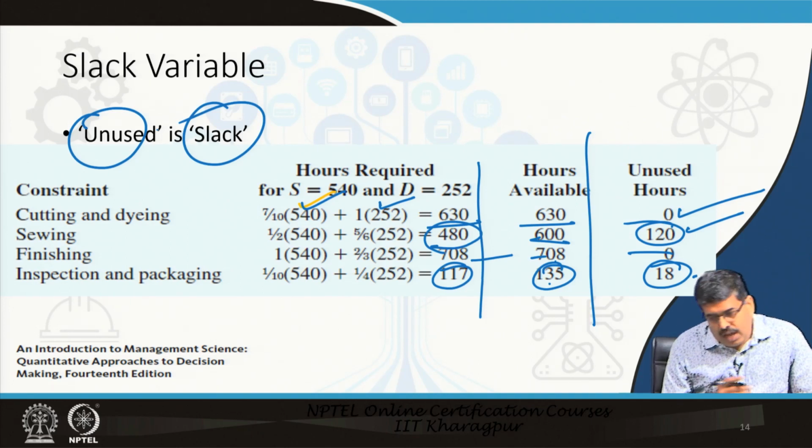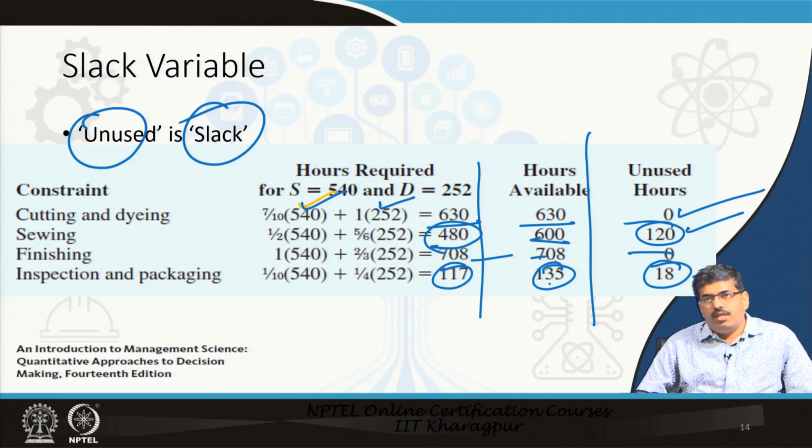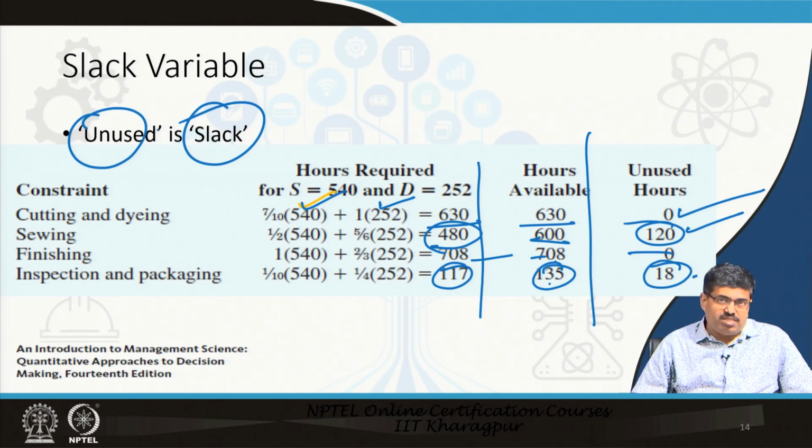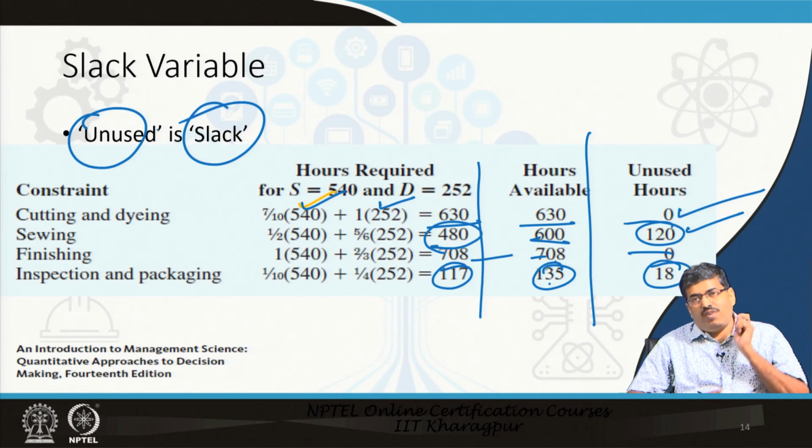Unused quantity in a constraint is slack. Okay. Just remember this thing, unused is slack. Okay. That means we do not need this. This is one managerial decision. You can find out wastage, you can find out where to reduce cost because this is unused.